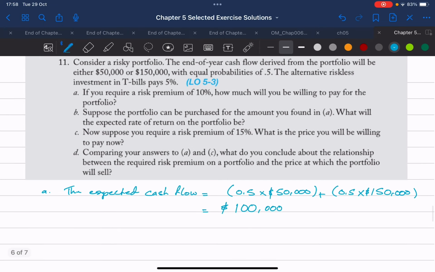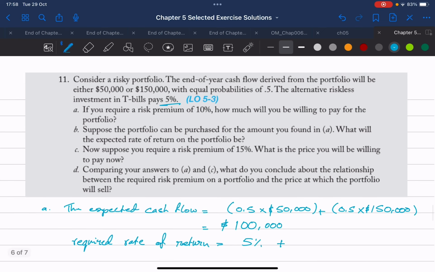Now we need to figure out the required rate of return. The required rate of return is going to be equal to the risk-free rate, which is 5%, plus the premium.